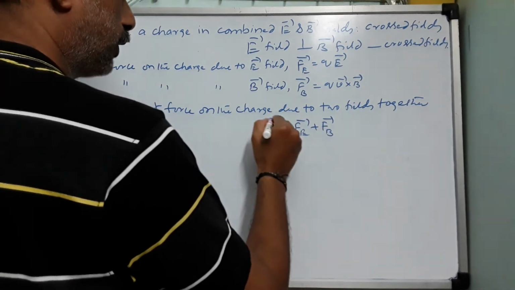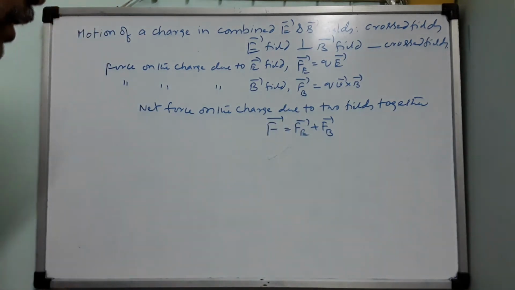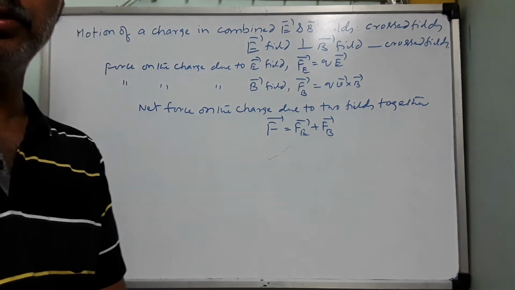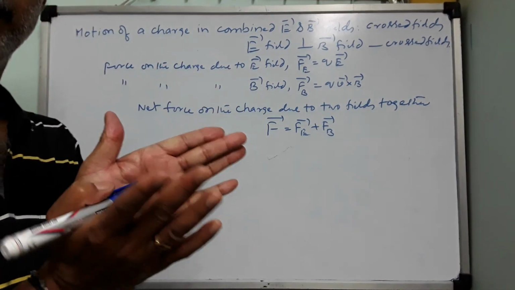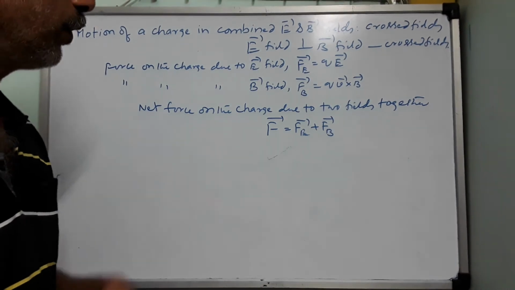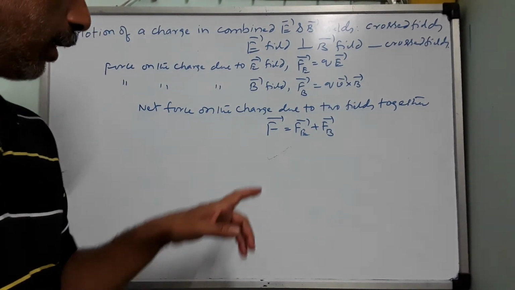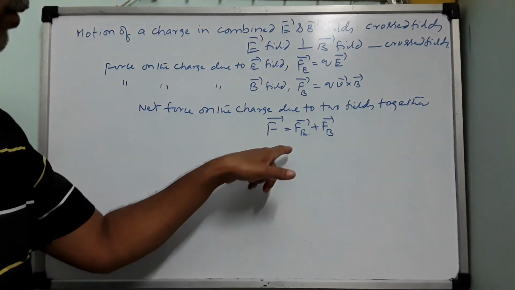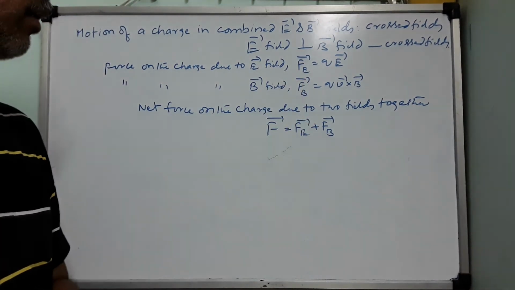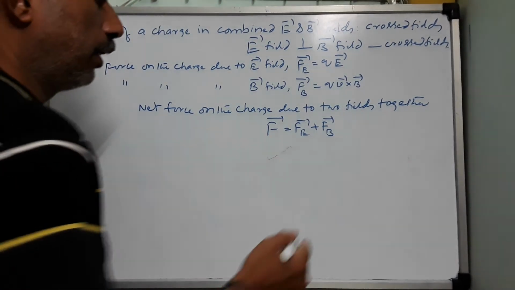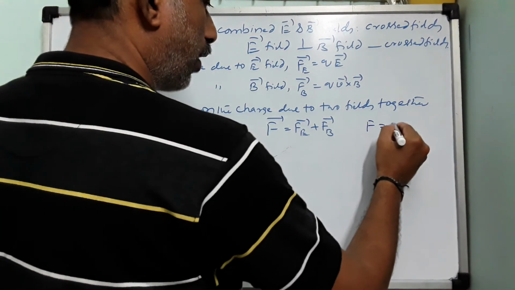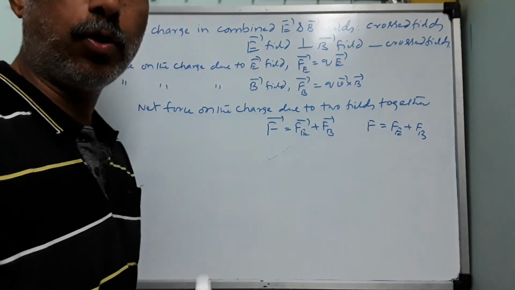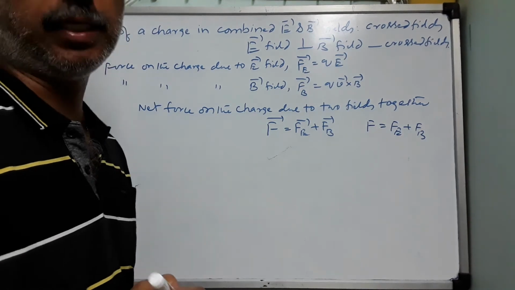I do not know how the forces are acting. Are they acting in the same direction? Are they acting in the opposite direction? Are they acting at perpendicular directions to each other? Or they maintain some angle from 0 to 360 degrees. So without knowing anything about the angle, I can very safely write this equation in the vector form. Net force vector F equals electric force vector plus magnetic force vector. Children, I can write this equation in the scalar form Fe plus Fb only when I know that both the forces are acting in the same direction.